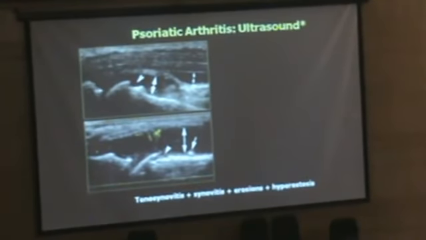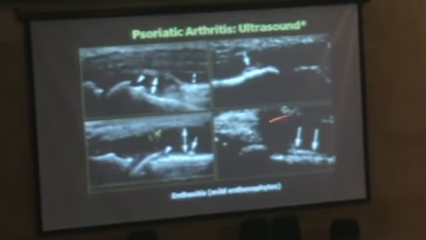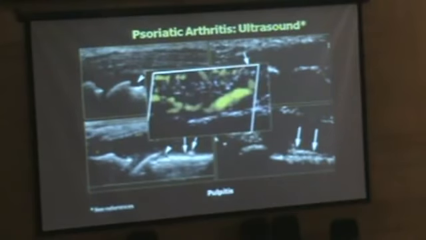So ultrasound may be useful to evaluate all those features. Again, to show you features of very mild enthesophytes actually showing some hyperostotic changes involved. And in the pulp of the finger, we can see some inflammation as well, and Doppler ultrasound may be useful to detect such findings.